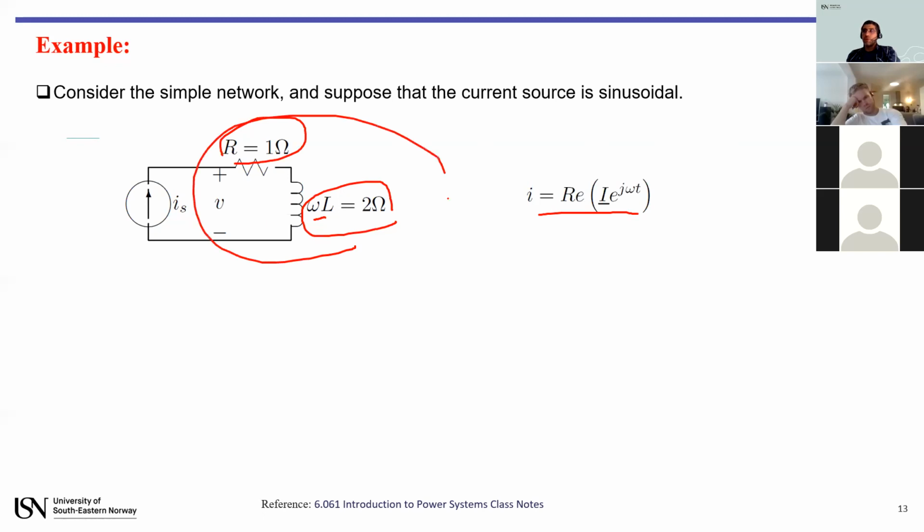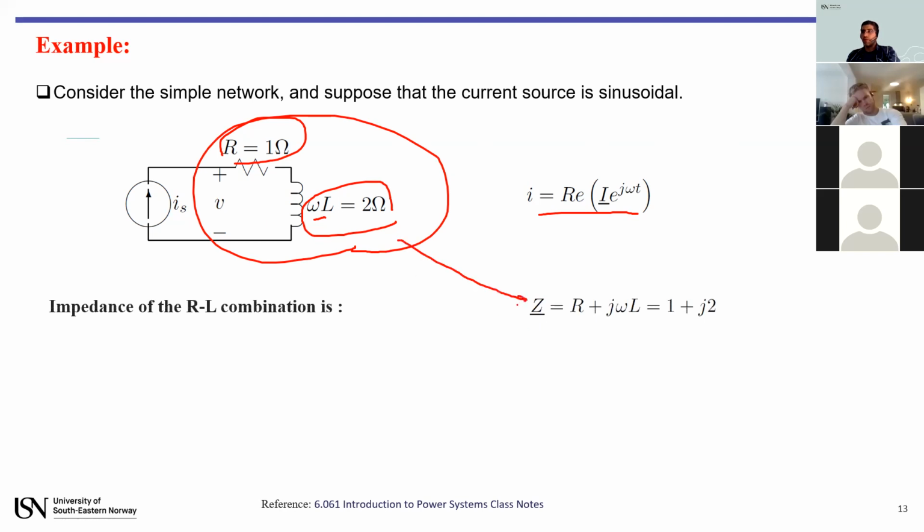For these two elements in series, we can write this equation. The whole impedance for these two elements is R plus j omega L, because we define Z1, impedance 1, and Z2, second impedance. Since they are in series, the final impedance will be Z1 plus Z2.